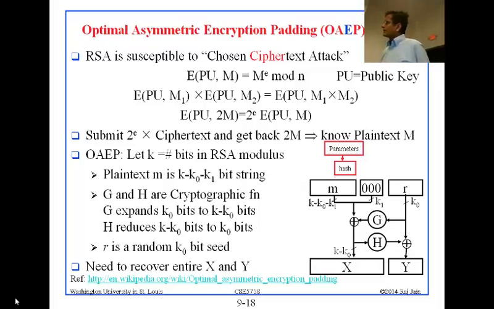And the other thing is that the receiver does not need to know R. Basically, the receiver will take your X, use the H function, and then Y, and then get R. And then they will take R and the G function, hash it and exclusive-OR it to get this.